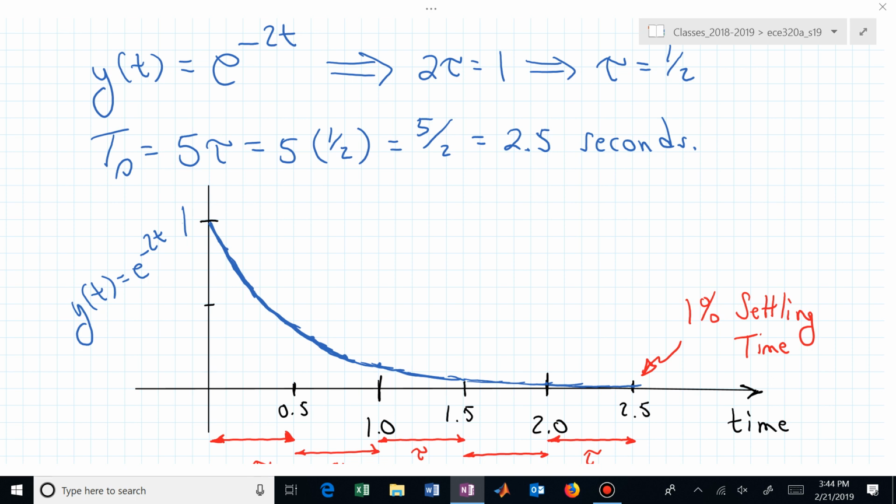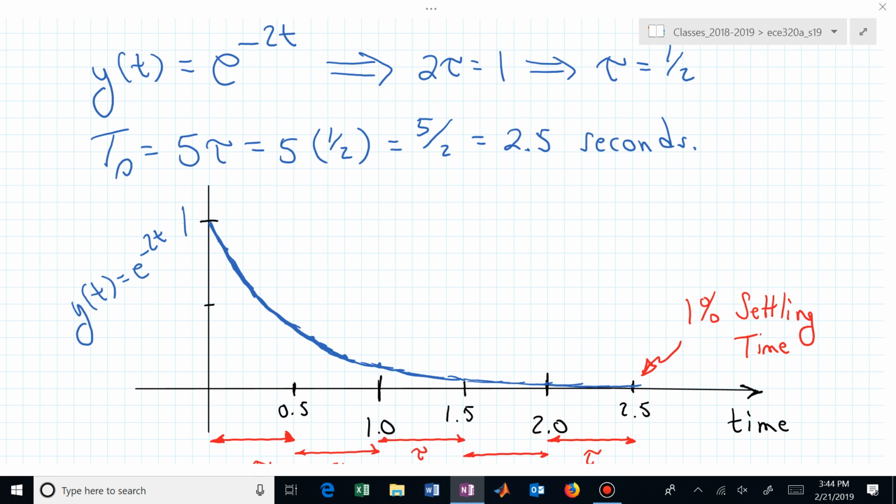And after 5 of those, 1, 2, 3, 4, 5, we're at 2.5 seconds, which is probably bigger than it really needs to be. That's now 1% of where we started up here in our trajectory or in our waveform. And that's what we calculated.